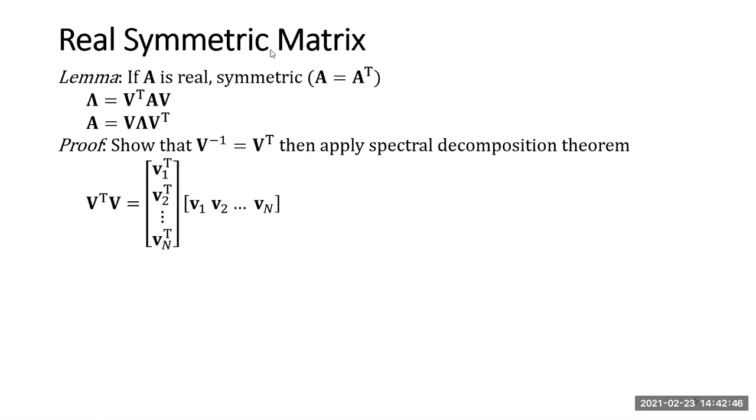Since the matrix is symmetric, remember we have shown previously that the eigenvectors are mutually orthogonal, correct? The eigenvectors of a symmetric matrix are mutually orthogonal. Remember, everyone? Yes. And furthermore, the eigenvectors are all unit vectors.